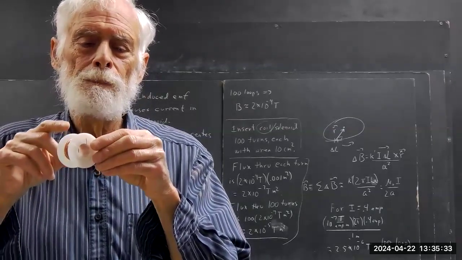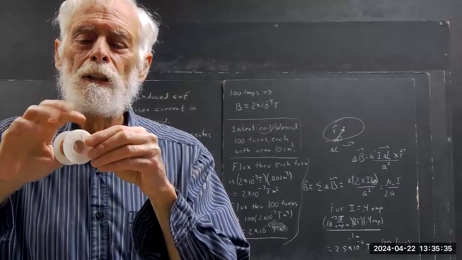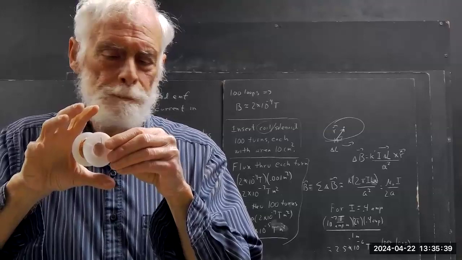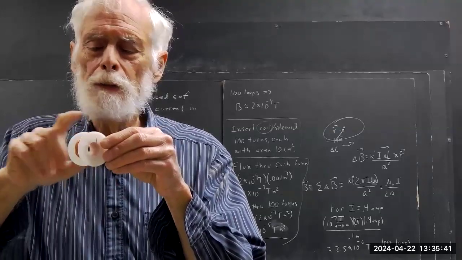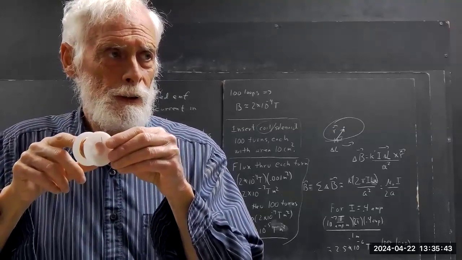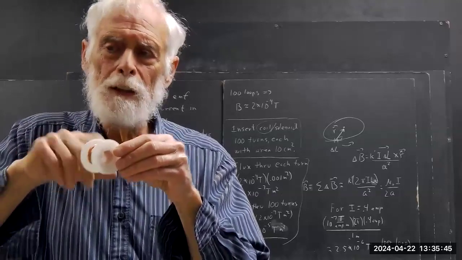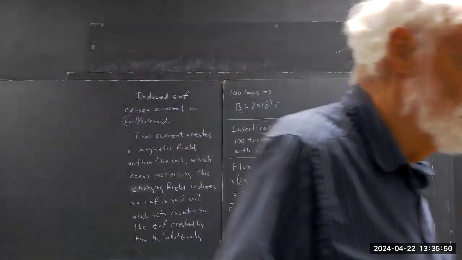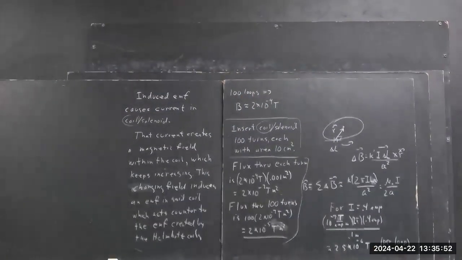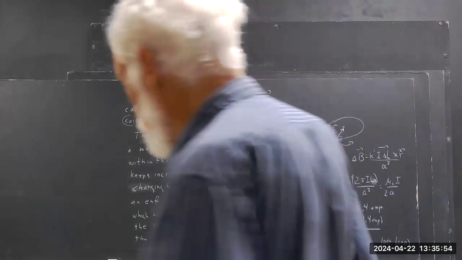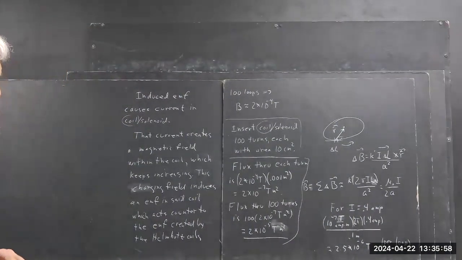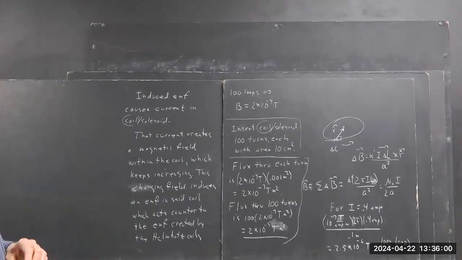If the current created by the external field increased instantaneously, you'd have an infinite back EMF and nothing would change. And of course, with a superconductor, you kind of get close to that. So that takes a little sorting out.